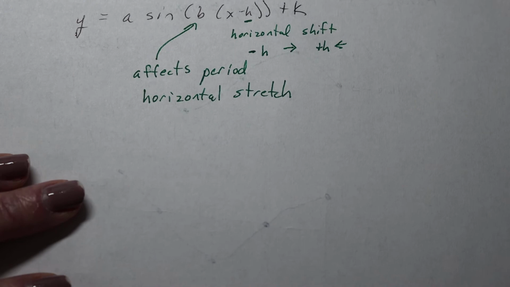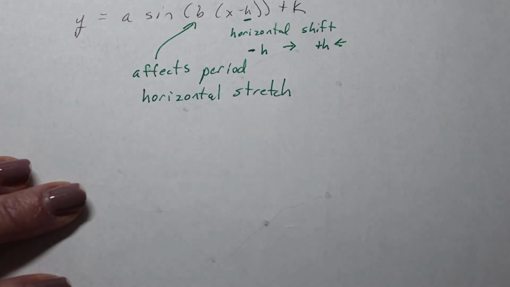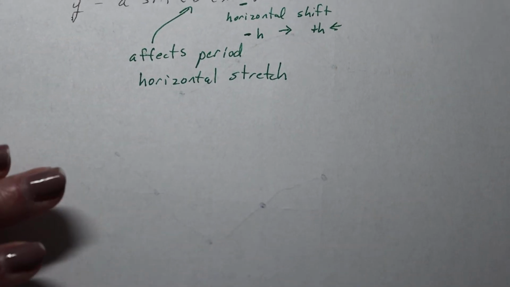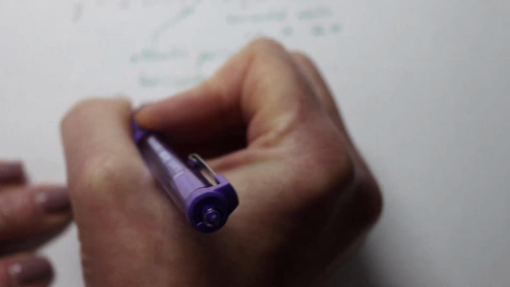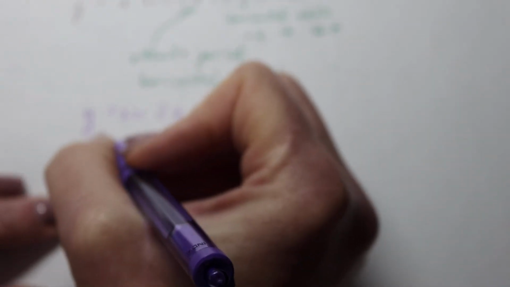For example, if y is equal to the sine of 2x, I want to think about what I've got there.